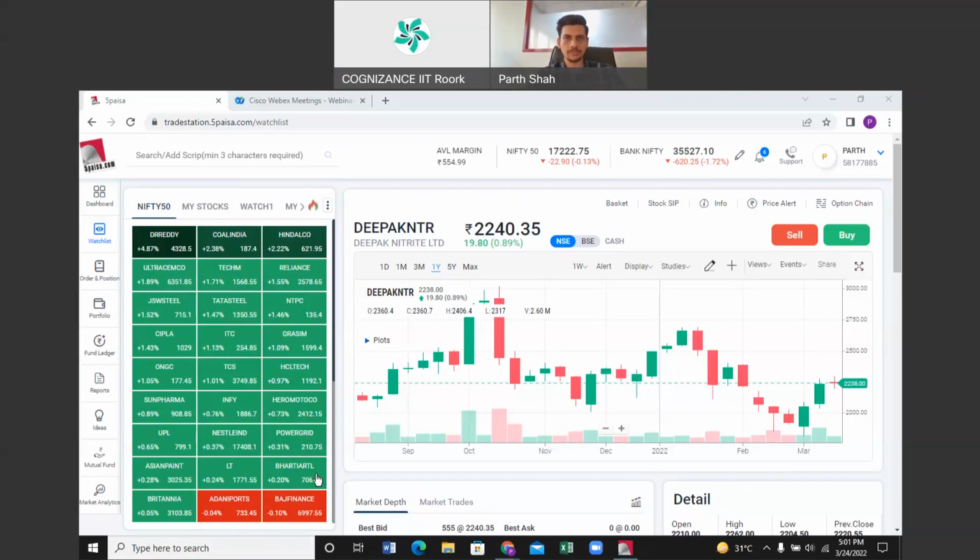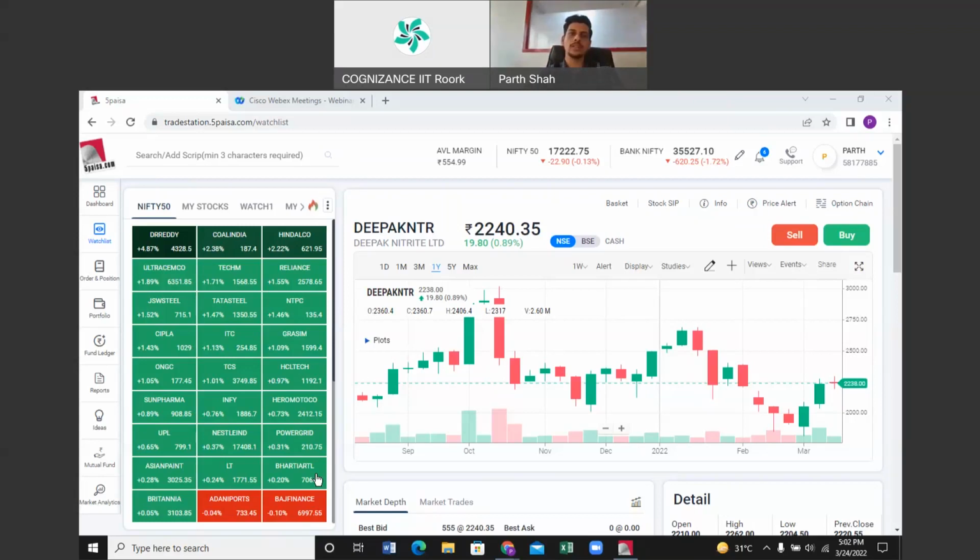You should always look at the index with respect to the stock which you want to trade, right? If you want to trade in private banks, then you should look at Bank Nifty as a benchmarking index, how it is performing today, what the performance was in the past few days, and you can analyze its charts and do more technical analysis over the trend of Bank Nifty.